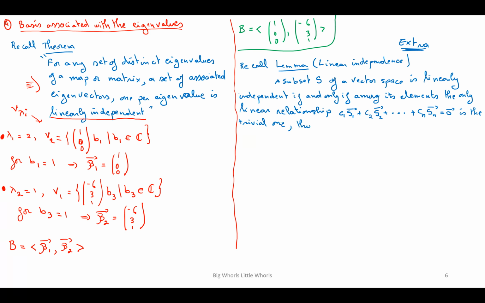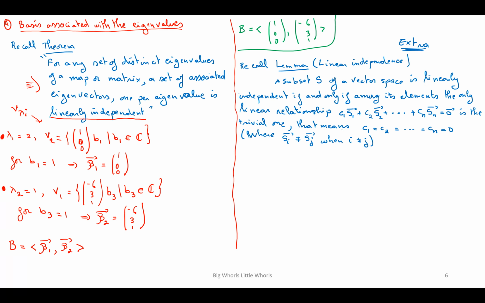That means c1 equals c2 equals cn equals 0, where si is different from sj, when i is different from j.